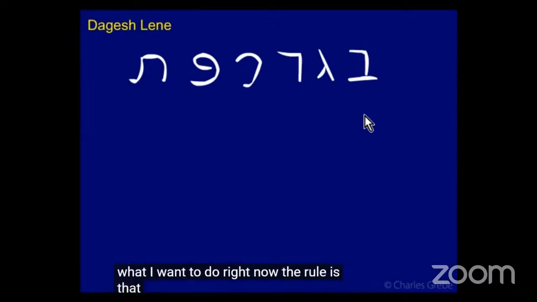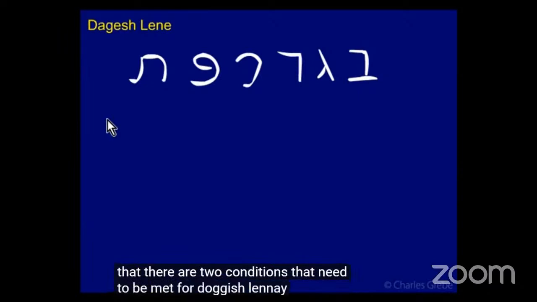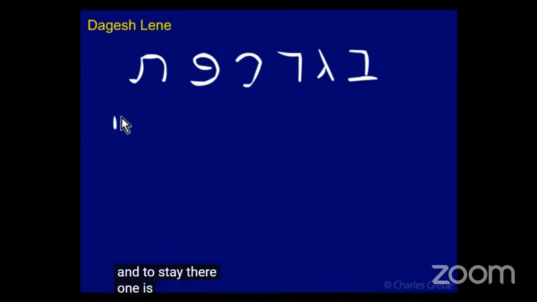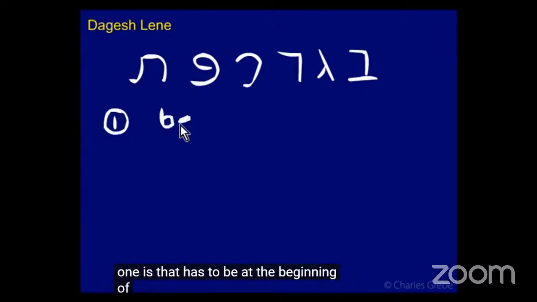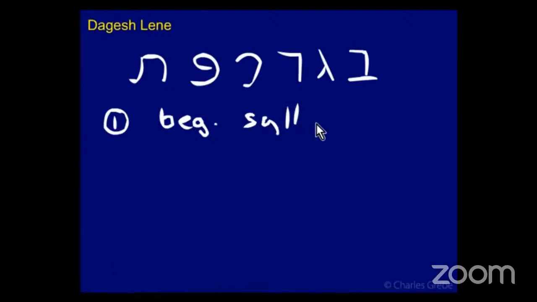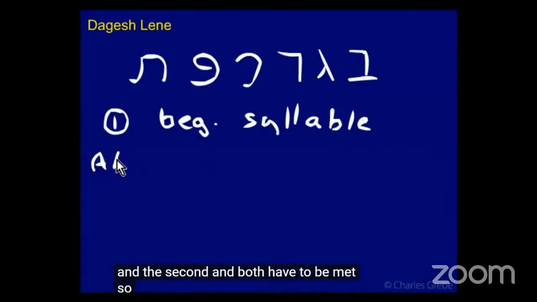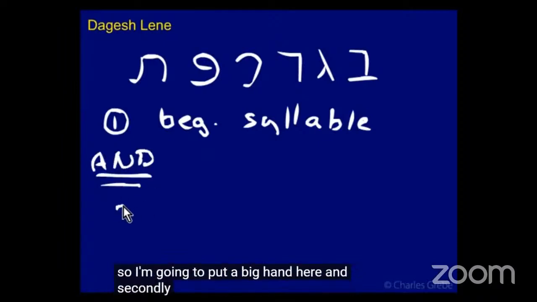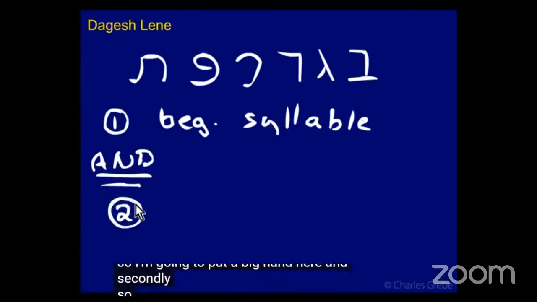The rule is that there are two conditions that need to be met for the Dagesh Lene to show up and to stay there. One is that it has to be at the beginning of a syllable. And the second, and both have to be met, so I'm going to put a big 'and' here.